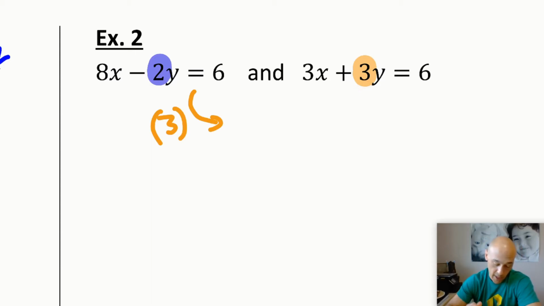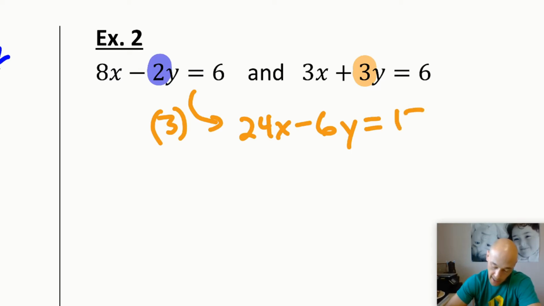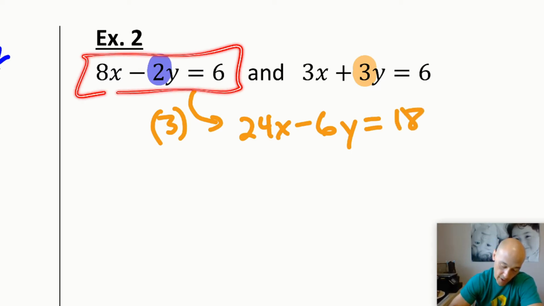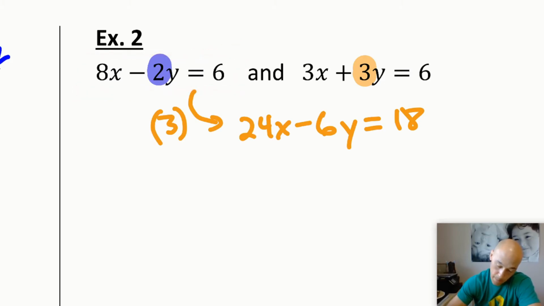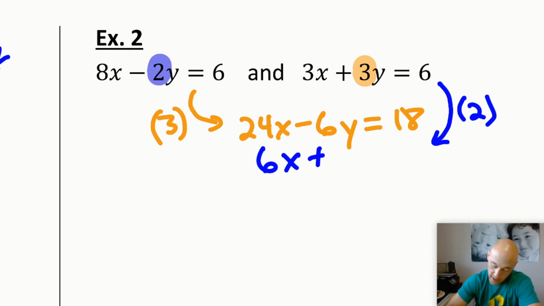I've decided to eliminate the y's, so I will get 24x minus 6y equals 18. I've just multiplied every part of this equation by 3. Now I'm going to take the other equation and multiply it by the 2. So I will get 6x plus 6y equals 12.